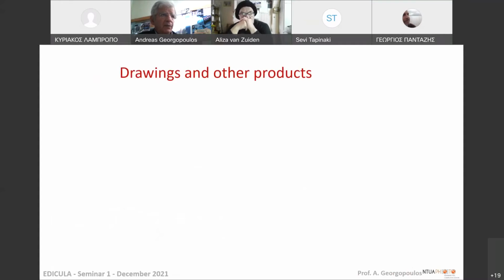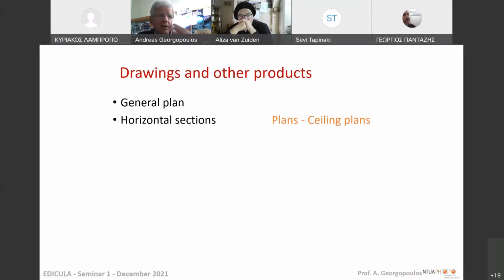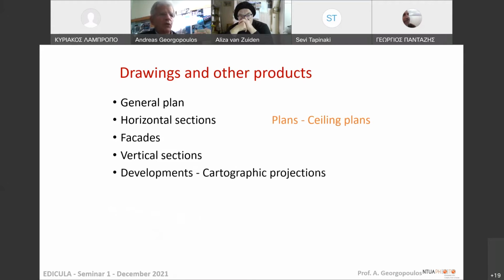So the drawings that we usually produce are a general plan or horizontal sections, as I said before, or facades, that is the outer surfaces of a monument, or vertical sections through key positions.